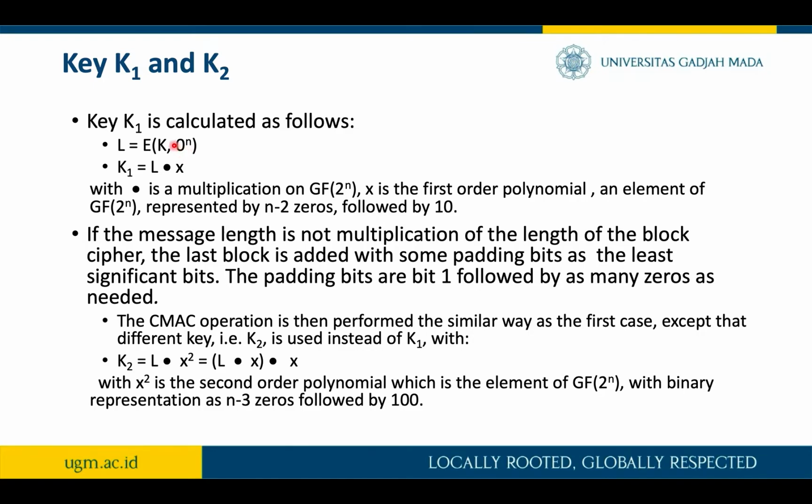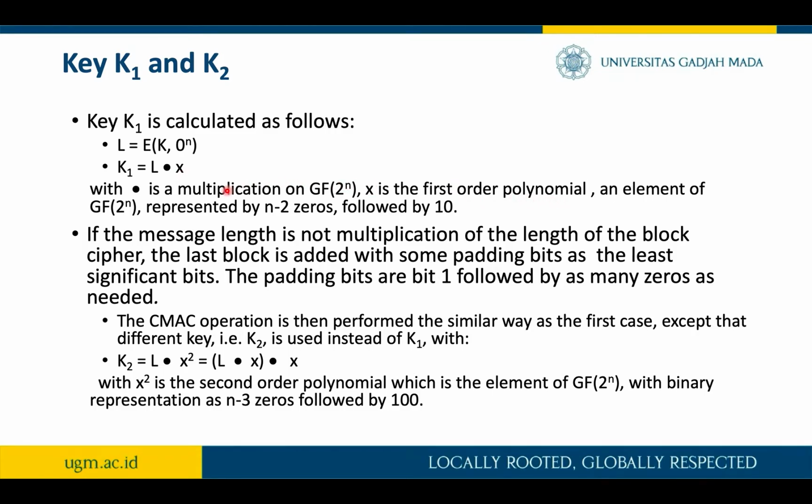It will be encrypted using the key K, the encryption key, and the result is L. Then, using L, we will get K1. K1 is the multiplication of L with X. What is X? X here is the first order polynomial.